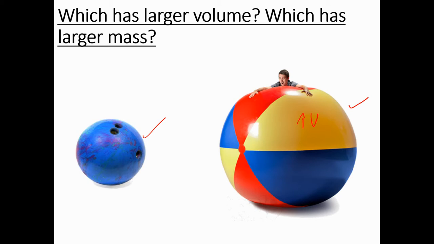Even though this beach ball occupies more space, this bowling ball does have a higher mass. So it has a lower volume but a higher mass, and the beach ball has a higher volume but a lower mass. So essentially you have more space taken up by the beach ball, less space taken up by the bowling ball, but higher mass for the bowling ball, and lower mass for the beach ball.